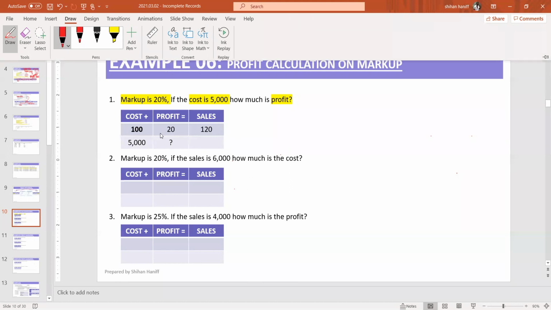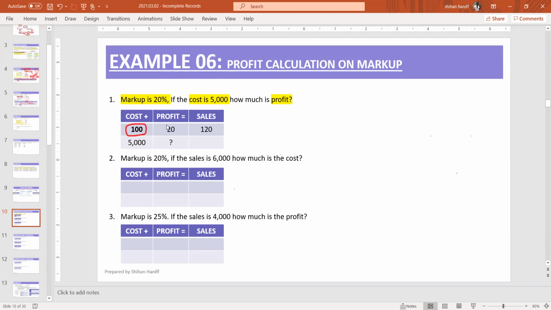In a simple term, like in a grade 5 scholarship exam, they might ask: if you can get 20 chocolates for 100 rupees, how many chocolates can you buy for 5,000 rupees?